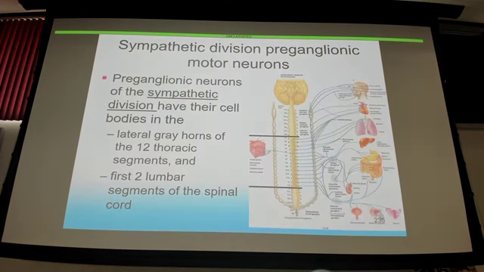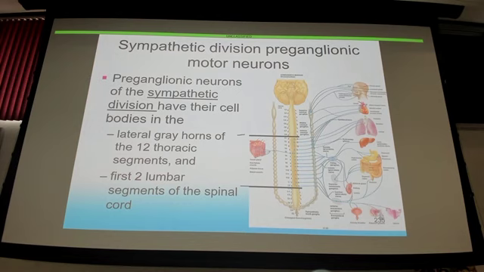Okay. So when we look at this crazy diagram, what it's representing, the black lines are showing us from here to here, T1 to L2 is where sympathetic output out of the spinal cord occurs.